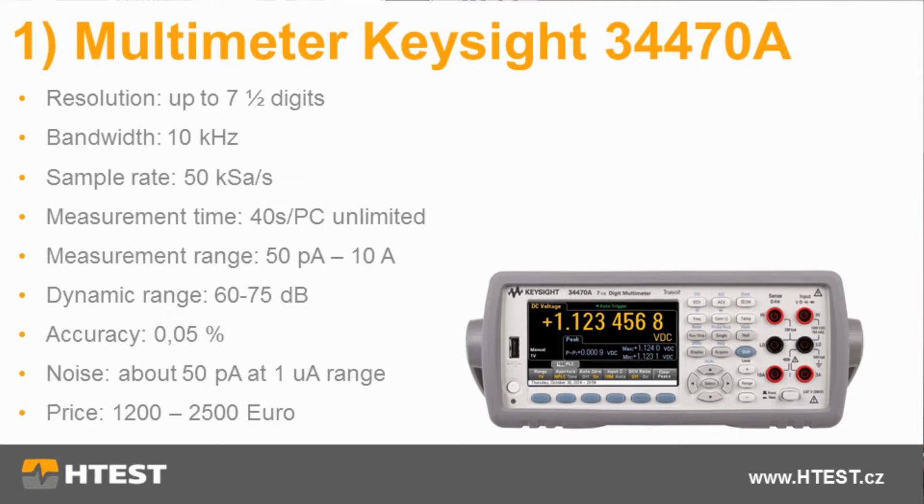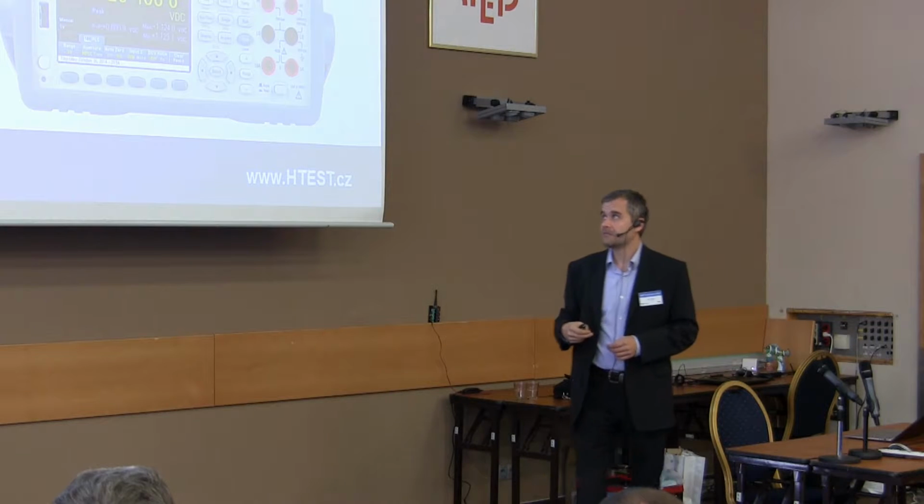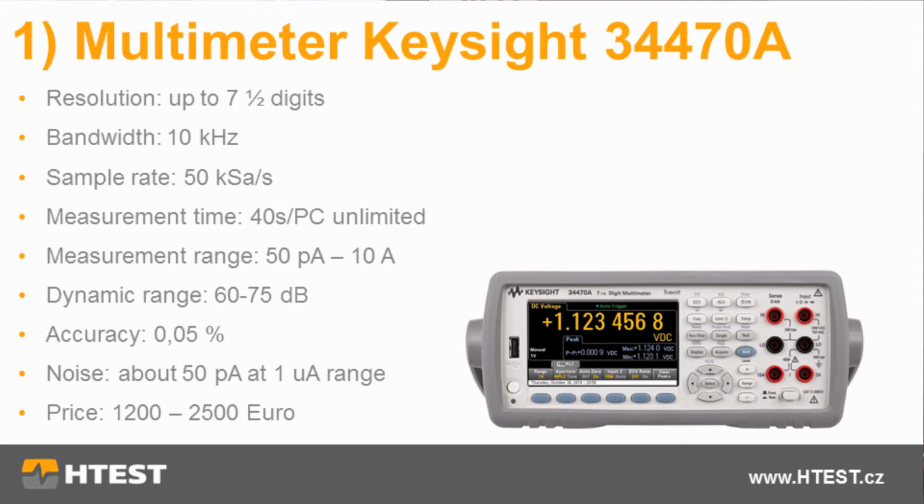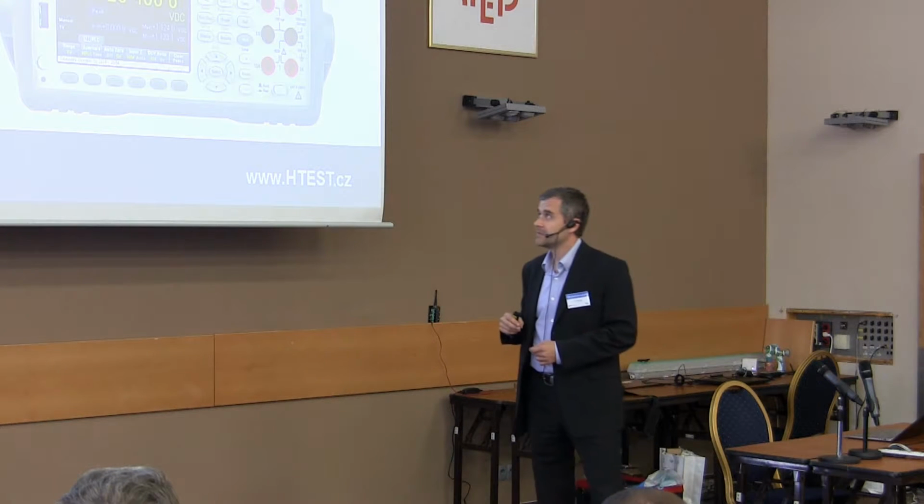This model has 7.5 digit resolution, and the measurement range is from 50 picoamperes up to 10 amperes. You can say, hey, it's a great solution, but there are some troubles with it.